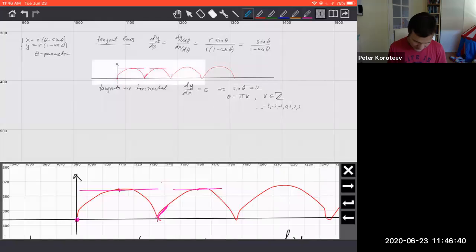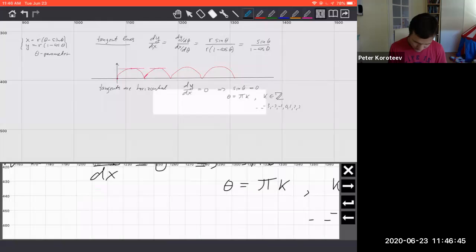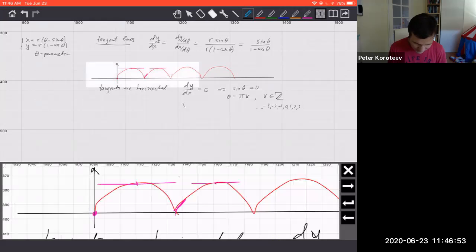And because x is equal to r times theta, now we can find out at which values of x it happens. There's like x1, x2, and so on.